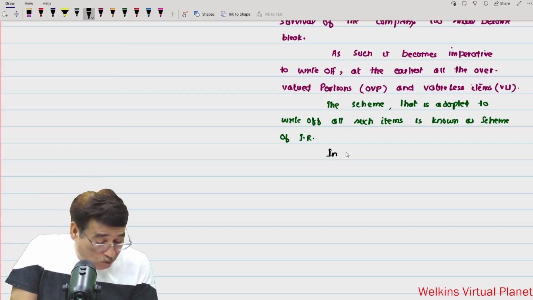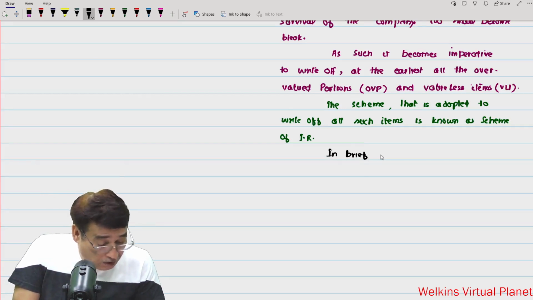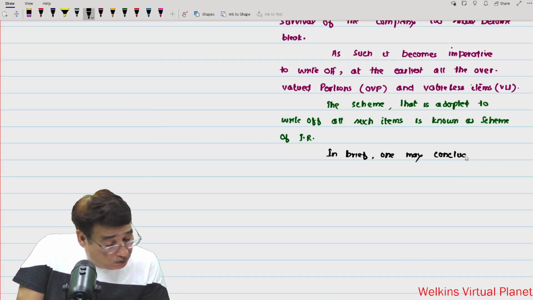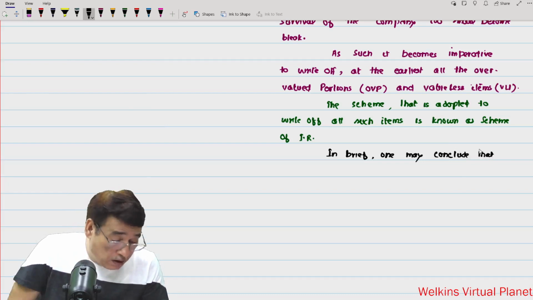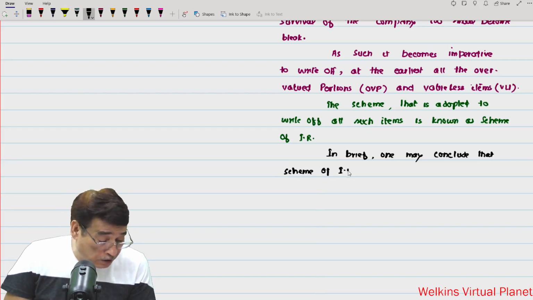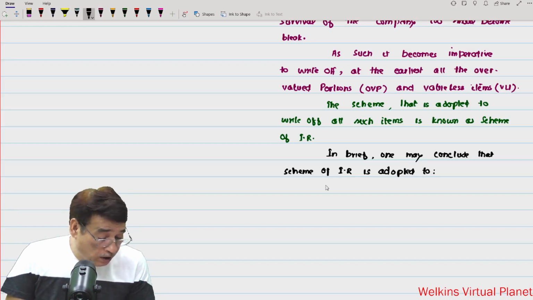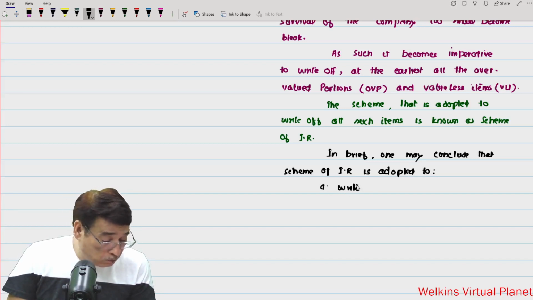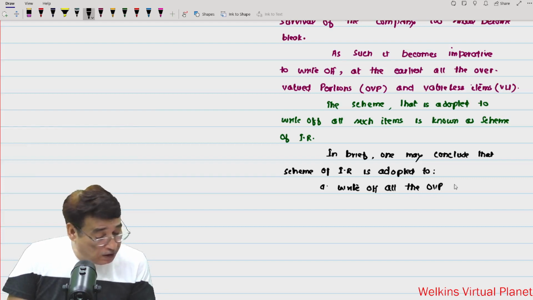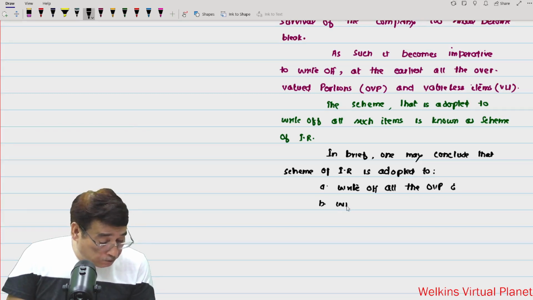In brief, one may conclude that a scheme of internal reconstruction is adopted to A. Write off all the overvalued portions, OVP, and B. To write off all valueless items.